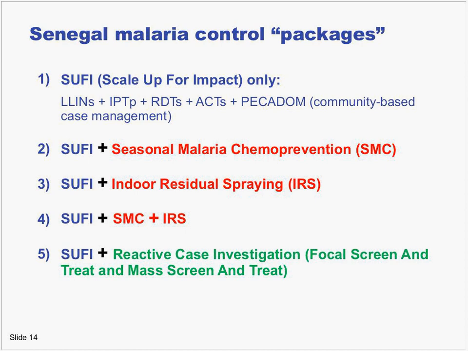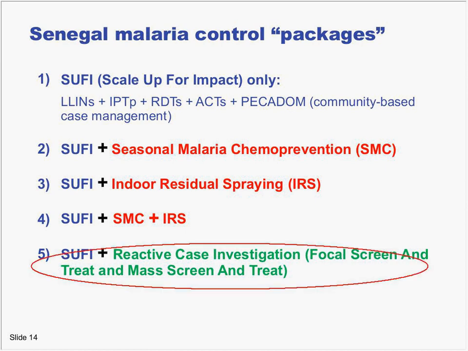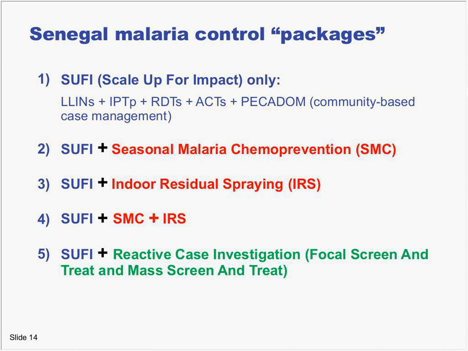Depending on incidence, they add some other interventions. So the fifth package is the basic package plus RCI, reactive case investigation. This is mostly implemented in those green districts that we saw earlier in the north, where malaria incidence is low. And it's basically using focal screen and treat and mass screen and treat.